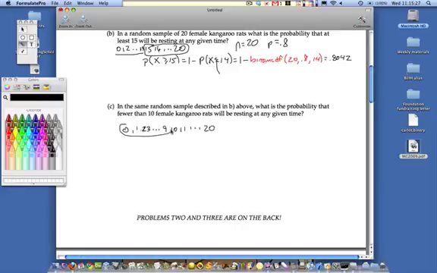Guys, be really careful about this. I saw a lot of people making the same mistake. This is the probability that x is less than 10. 10 is not included here. So if I rewrite it so we have an inequality with an equals in it, we can rewrite it like that. Now this is just a straight CDF function.